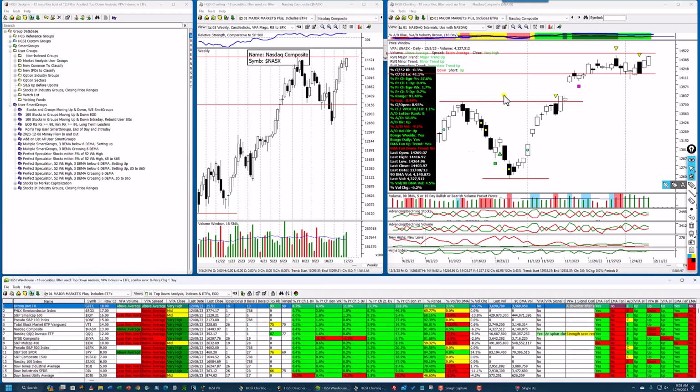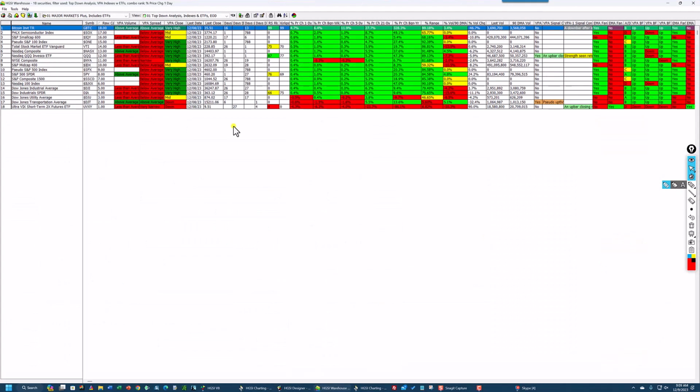Okay, I'm going to start with the warehouse view. Like I said, I'm in this folder, the Major Markets Plus, sorting on raw combo percentage price change. You can see that the Bitcoin Investment Trust was up another 4.7% the other day. This Bitcoin's been on fire, as you all know.